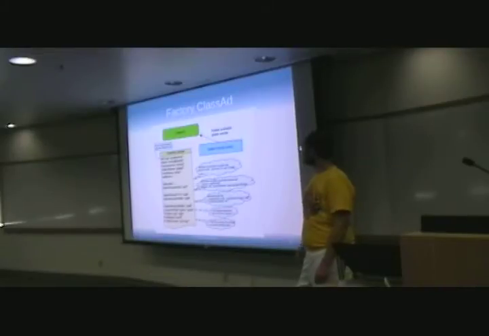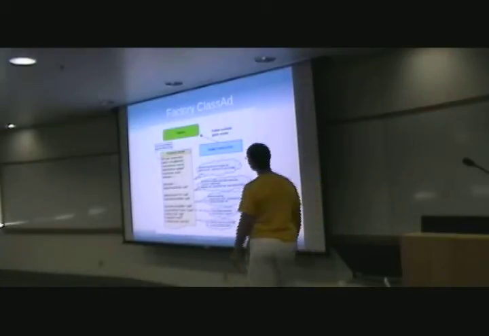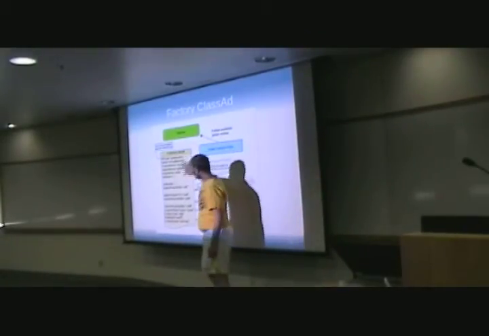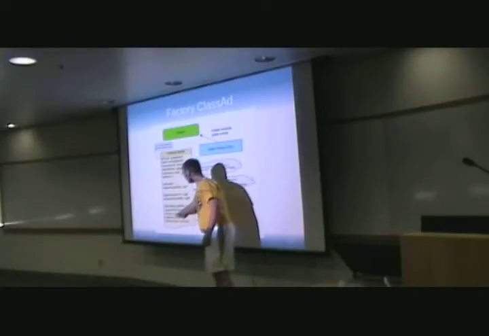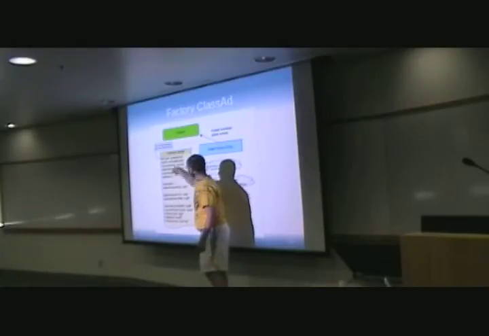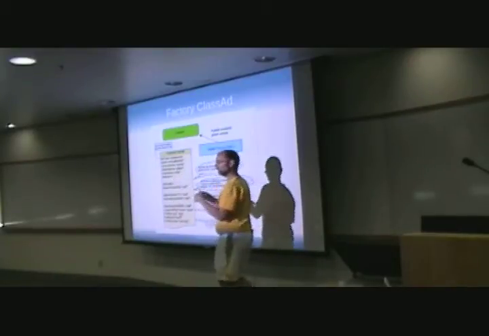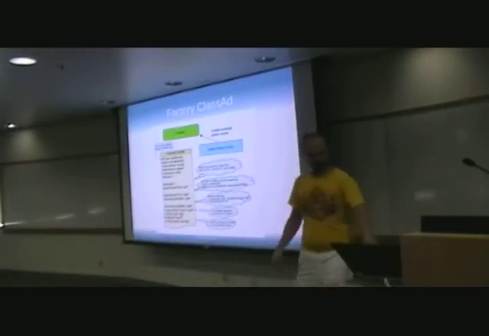Here you have the actual classad that goes to the collector, the factory classad, and here you see the public key, and these are the other attributes that go in, and you can match any of these when you do the matchmaking.